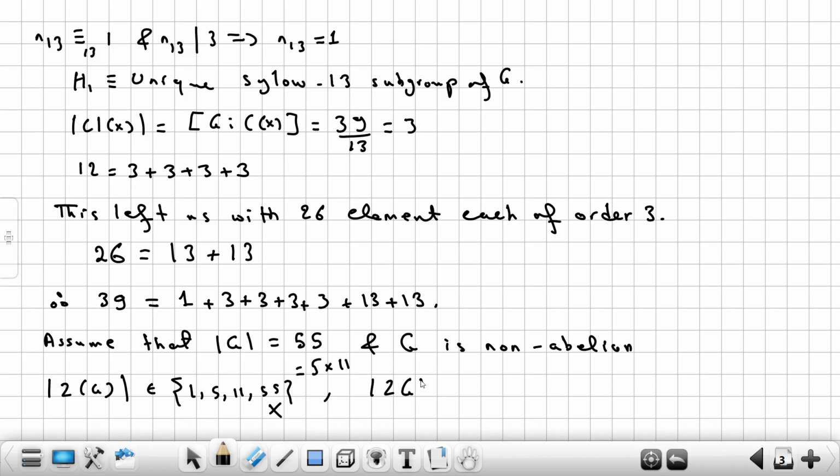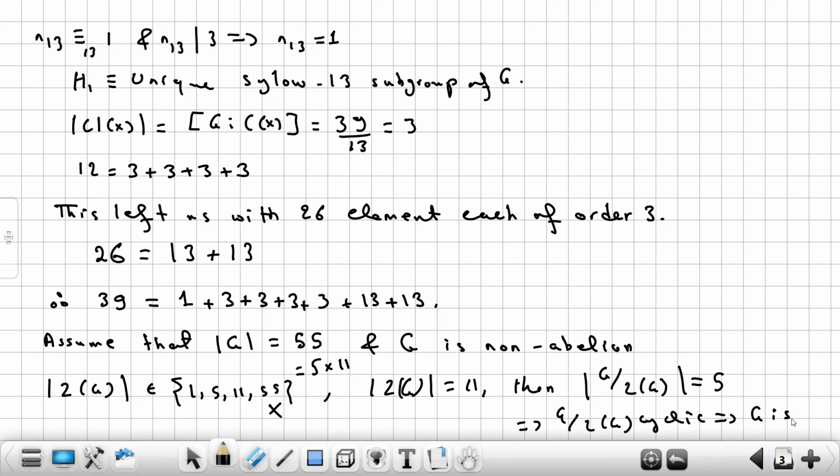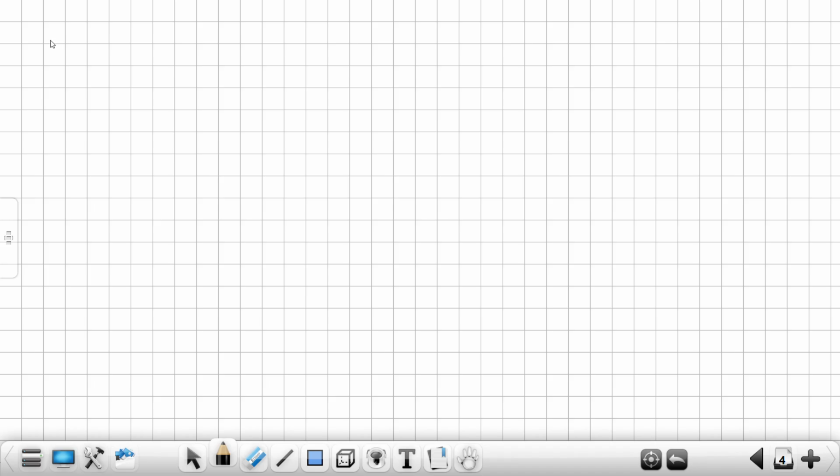If the order of Z(G) is equal to 11, then the order of the factor group G by Z(G) is equal to 5. This means that G over Z(G) is cyclic, and so G is abelian, a contradiction.